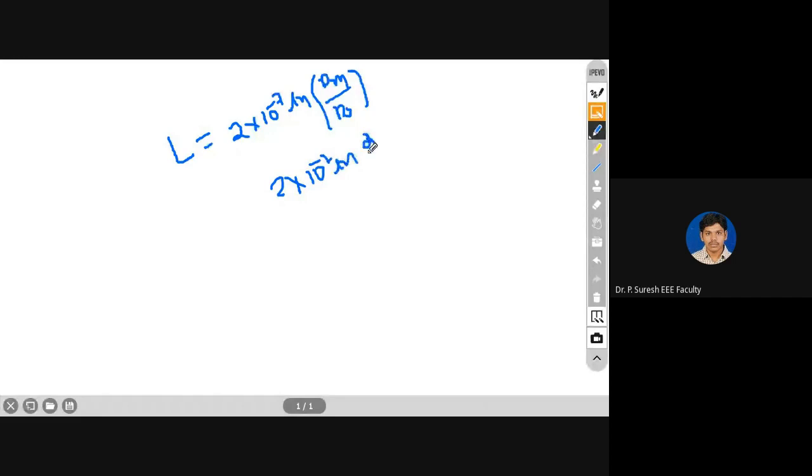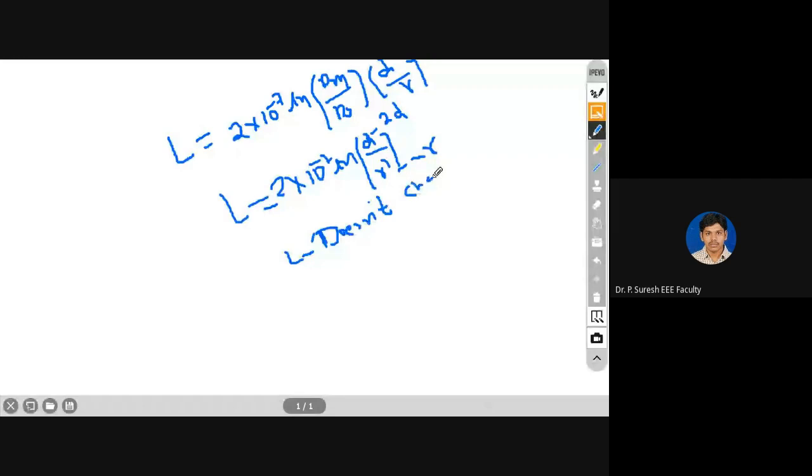D becomes 2d, radius becomes 2r. So what is the inductance value? It will be changed or it will be unchanged? 2d by 2r, here d by r. Is it same or not? Inductance doesn't change. Why? Because when the radius is doubled and the distance between the conductors is doubled, they cancel each other. You will get inductance doesn't change.